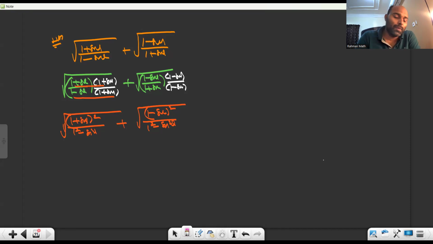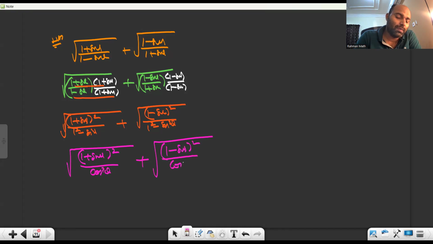Now what happened? Root of 1 plus sine theta whole square. A square minus b square will be cos square theta, because 1 minus sine square is cos square. In the beginning I taught you. 1 minus sine theta whole square by cos square theta. Now you can cancel the square and square root in the numerator. But in the denominator, don't cut where there is an individual square.